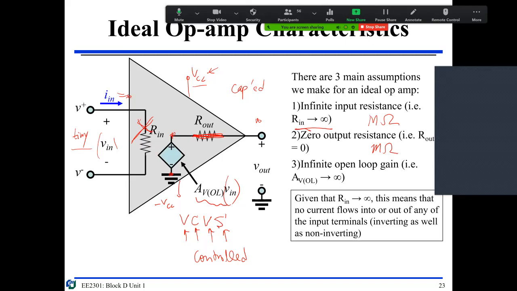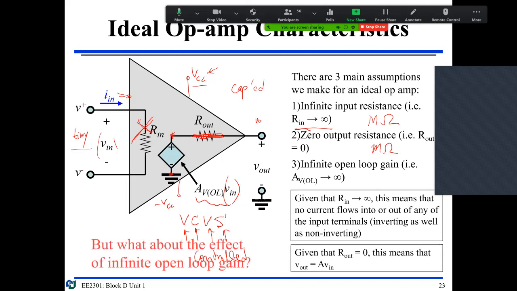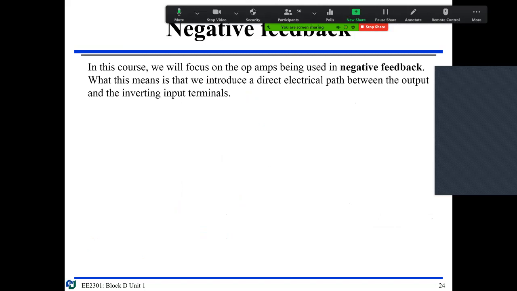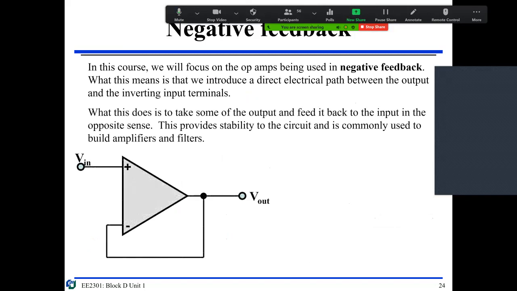We use it in what is called a feedback configuration. We usually use negative feedback. One of the ideas is what we call a voltage follower, where V out equals V in.